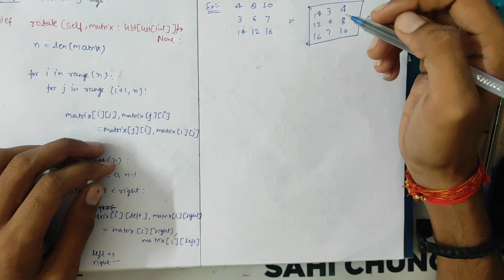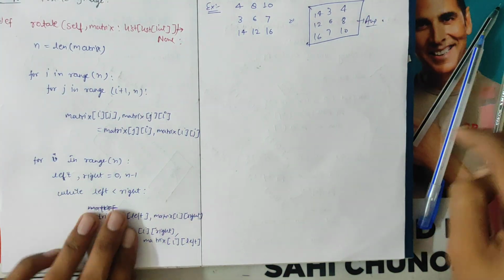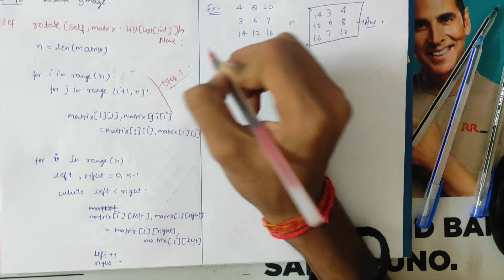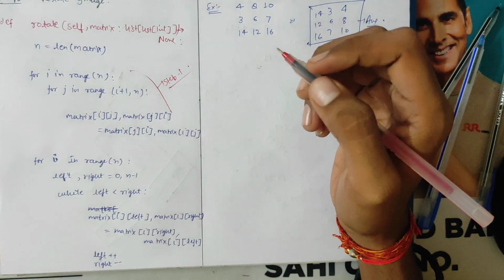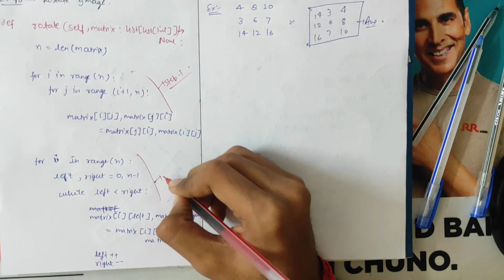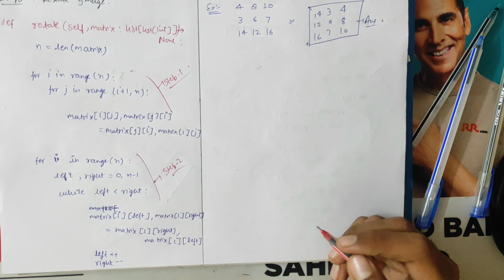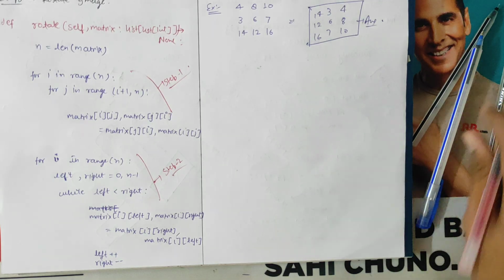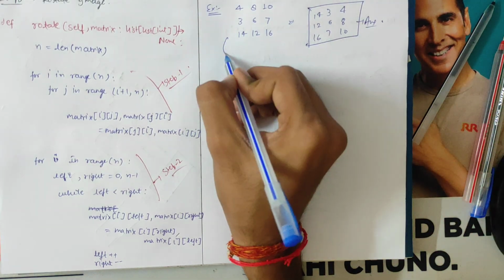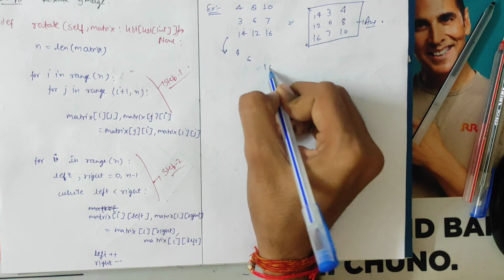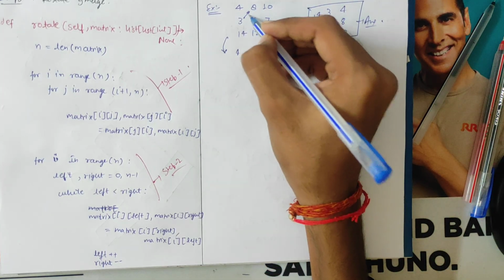So here is the first step in which we swap the elements across the diagonal, and here is the second step in which we reverse the entire row. In the first step it will look like 4, 6, 16 and these elements will be swapped.